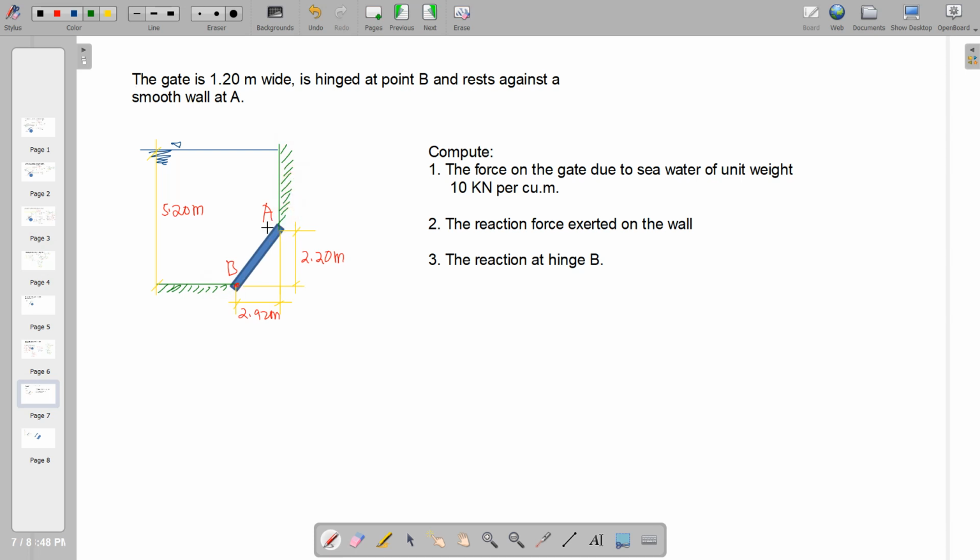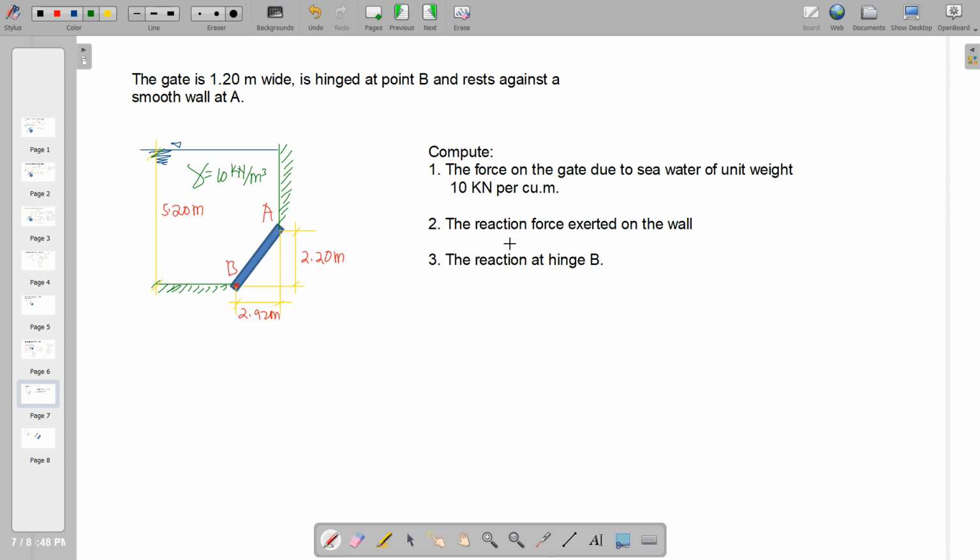Now this gate AB is hinged at B so that the other end will be resting on this smooth wall at A. So given the vertical and horizontal dimensions here, and having this head equal to 5.2 meters, we are going to compute the force on the gate due to seawater of unit weight 10 kilonewton per cubic meter. So therefore, gamma here is 10 kilonewton per cubic meter, and this gate is 1.2 meter wide.